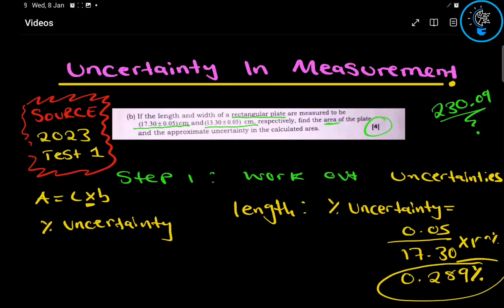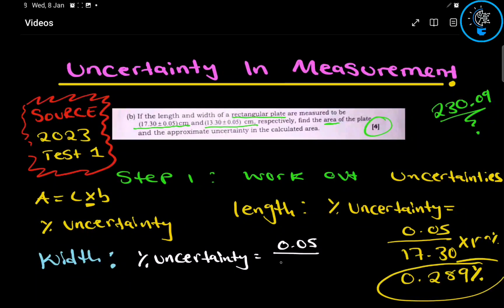Let's keep this value. Let's find the percentage uncertainty of the width. So we are saying width. Let's come now to the width part. So the percentage uncertainty this side is the absolute value, which is 0.05, divided by the central value, which is 13.30, times 100%.